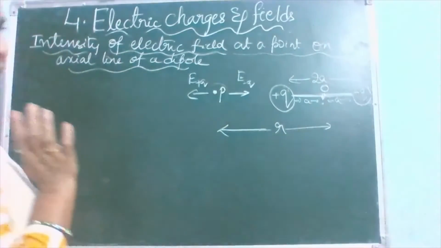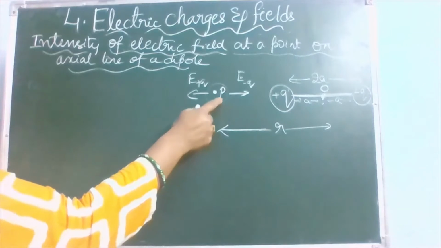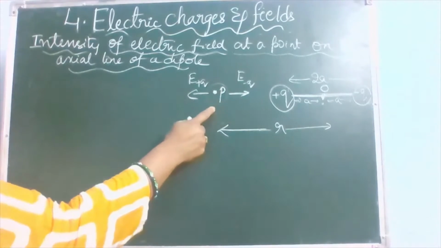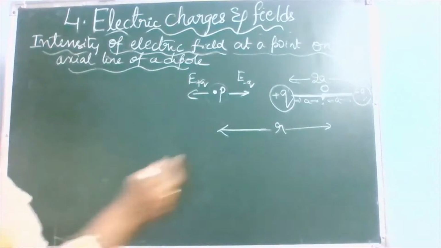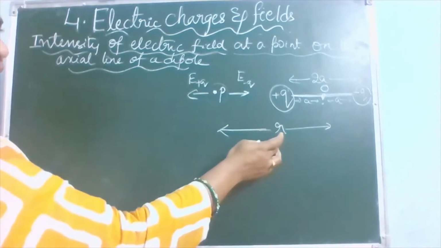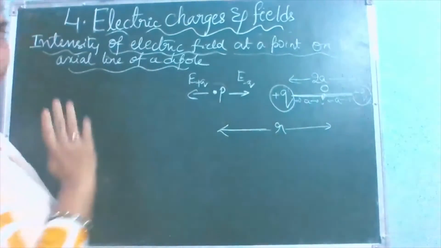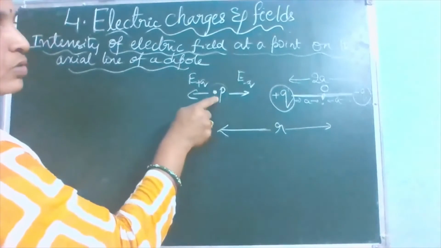Okay. And this point we have to consider along the axial line of this dipole. Here this point is at a distance of r from the center of the dipole. From here to here, the distance is r.